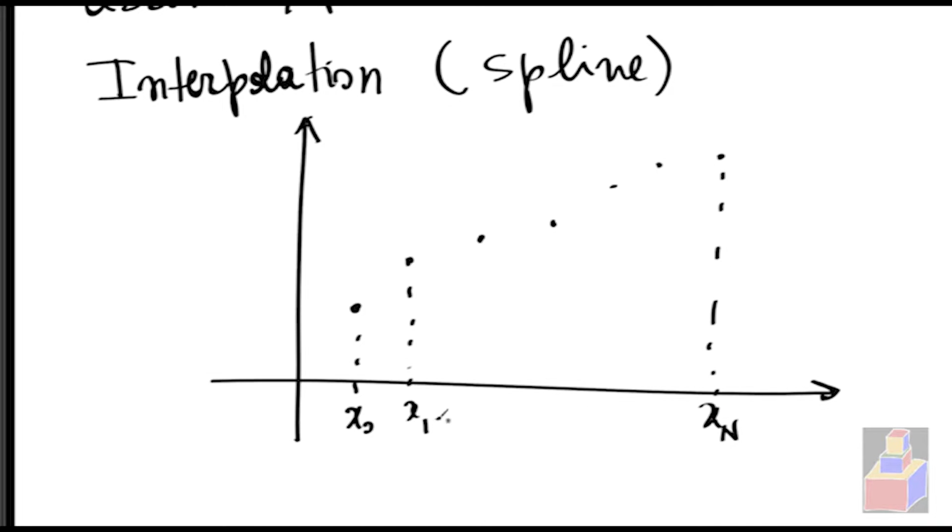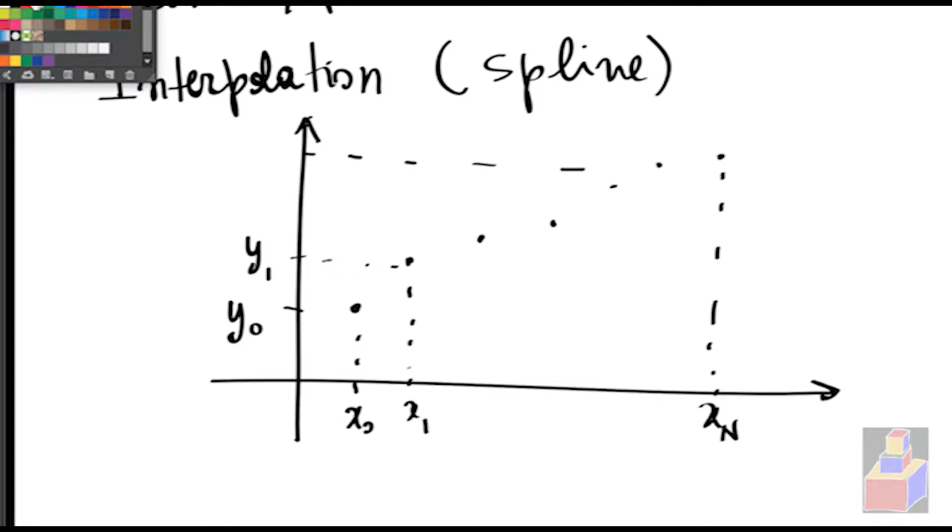So we have n plus 1 points. Correspondingly, you have y0, y1, and so forth. We want to be able to determine values between those measured points, for instance. Okay, so you want to make an interpolation.